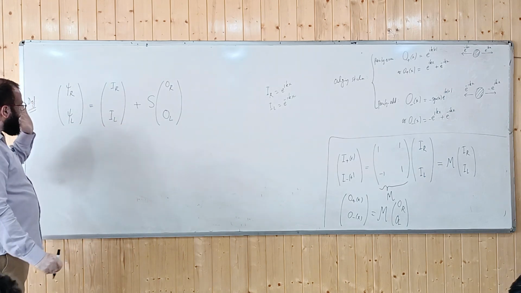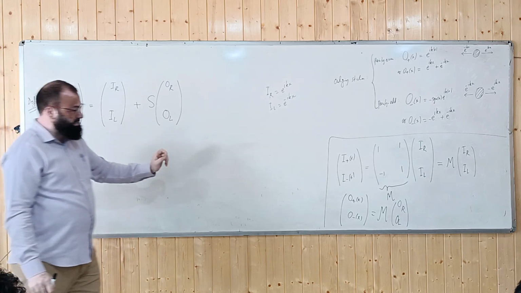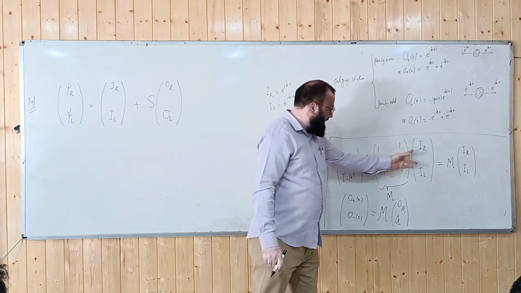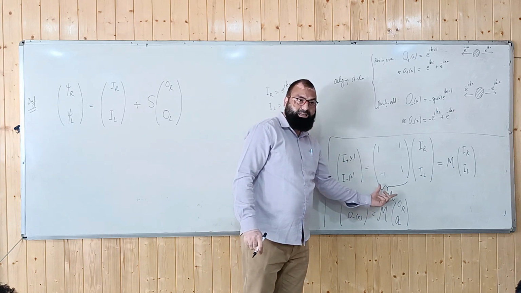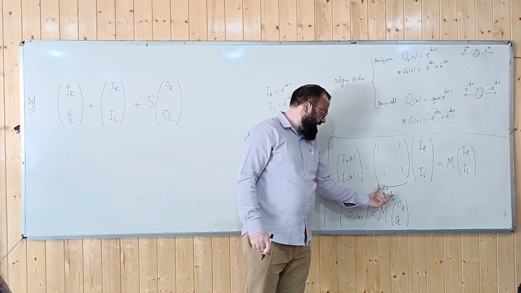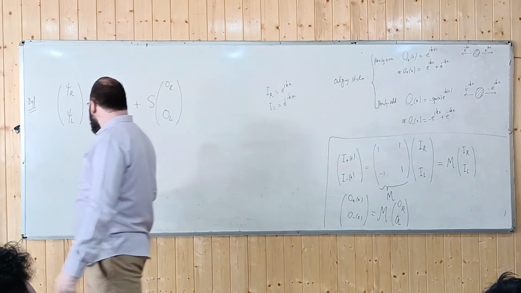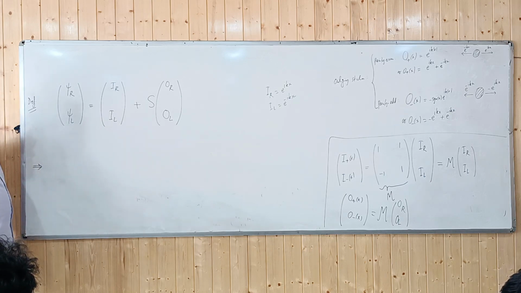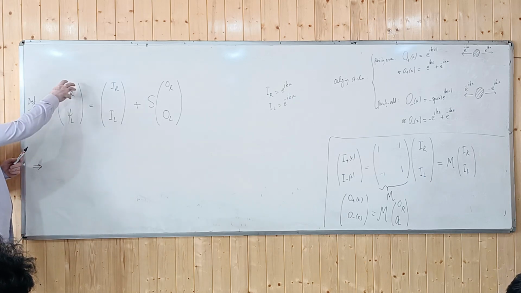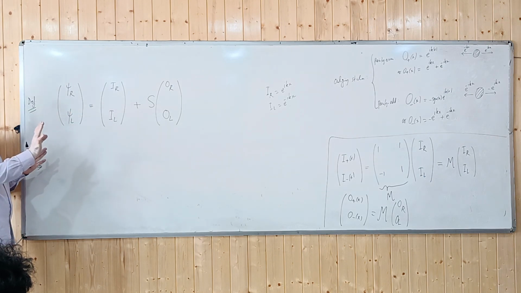Clear? Now let's operate this equation by M, because we have seen a connection between these IR and IL with this M. So with the help of this M, I can construct these I plus and I minus. So now let's apply. These are simply right moving waves and left moving waves having no well defined parity; they can be any arbitrary parity. Clear?